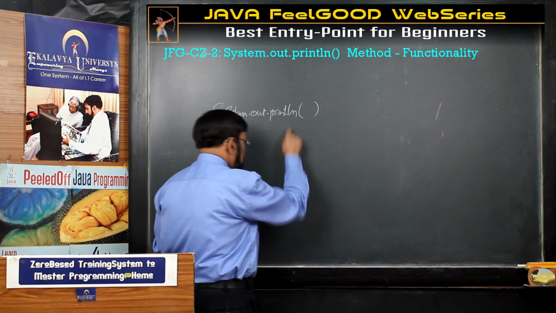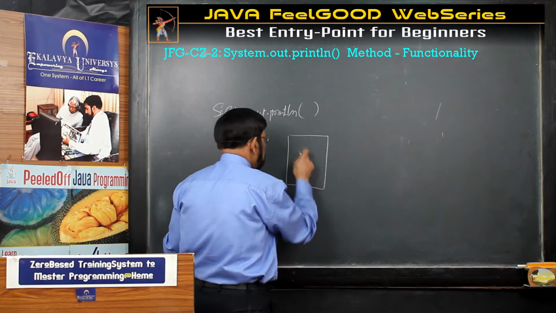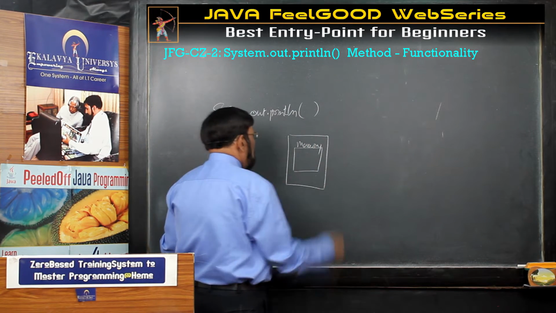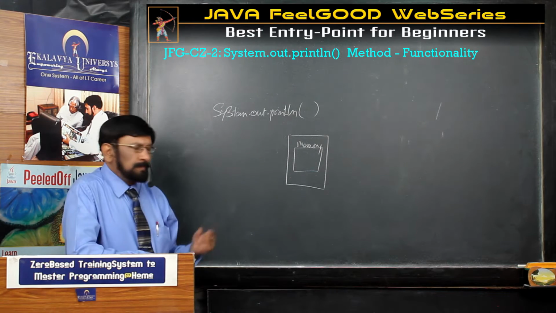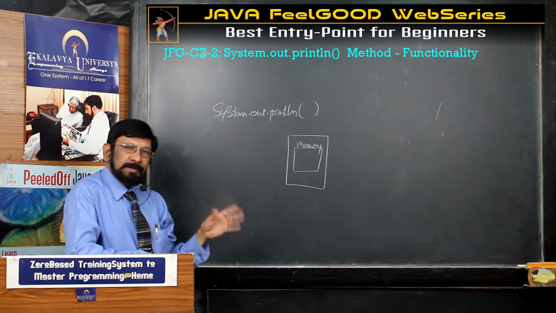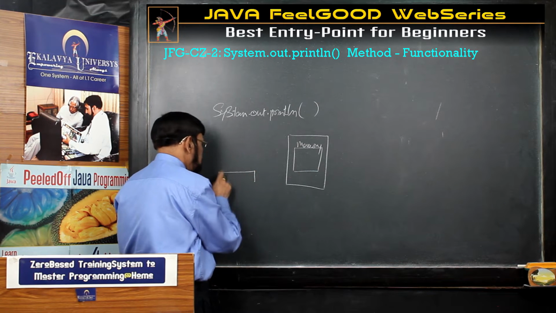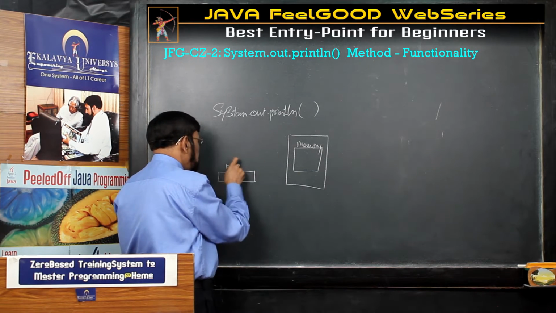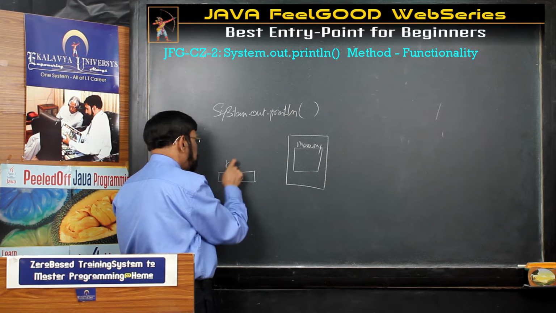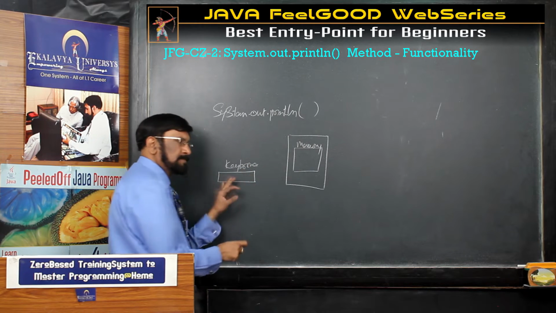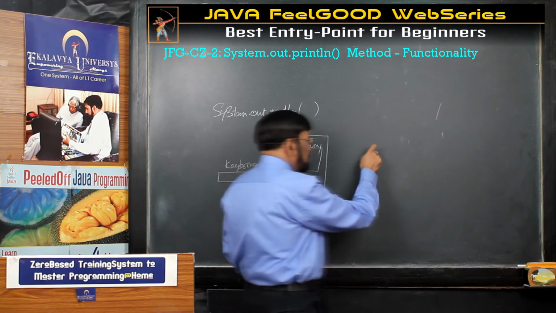Actually, this is the system. In this, let us say, memory. Already I explained to you that in the memory all data is stored. Now how are we entering data into memory? There are several ways. The basic way is the keyboard. Using the keyboard we type data, and where is it displayed?